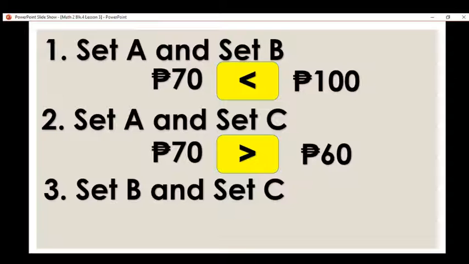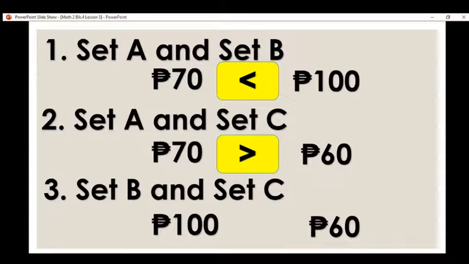Good job. Let's proceed with number 3, set B and set C. First, we need to write the amounts of our set B. In set B, we have 100 pesos, while set C has 60 pesos.